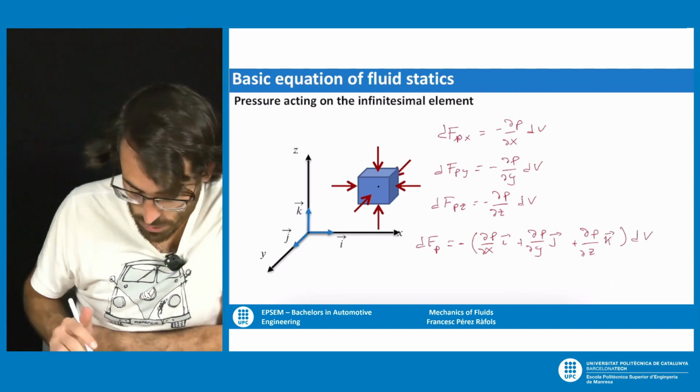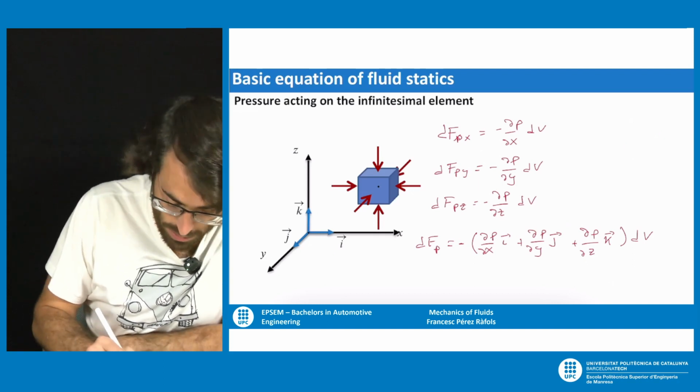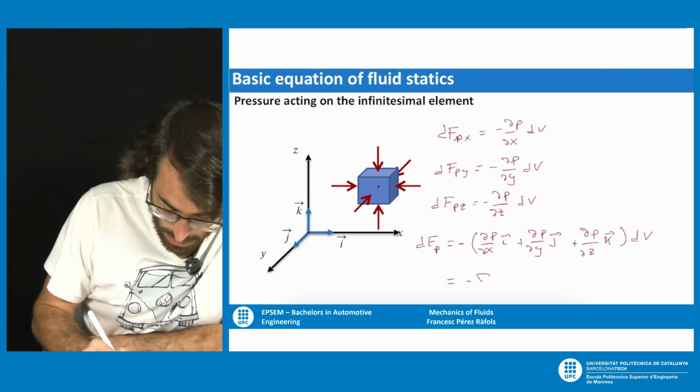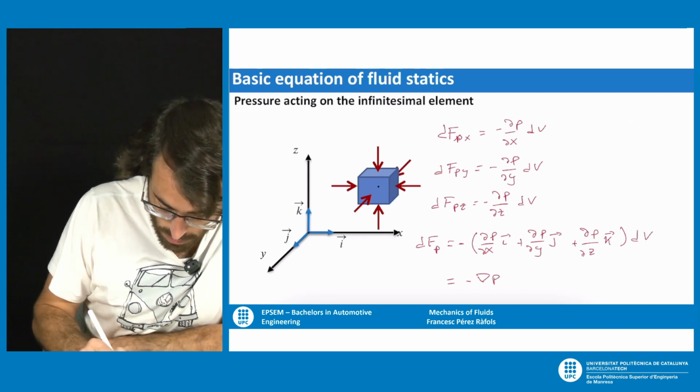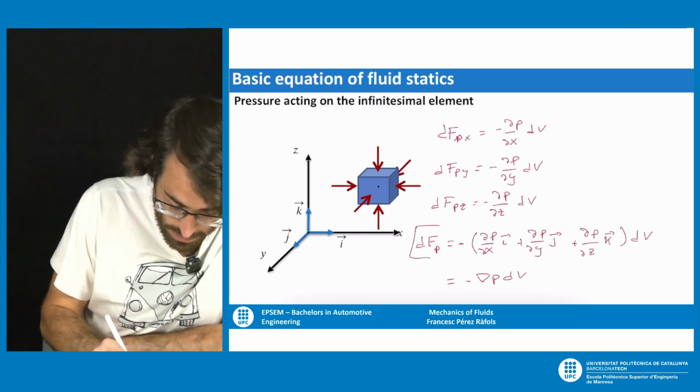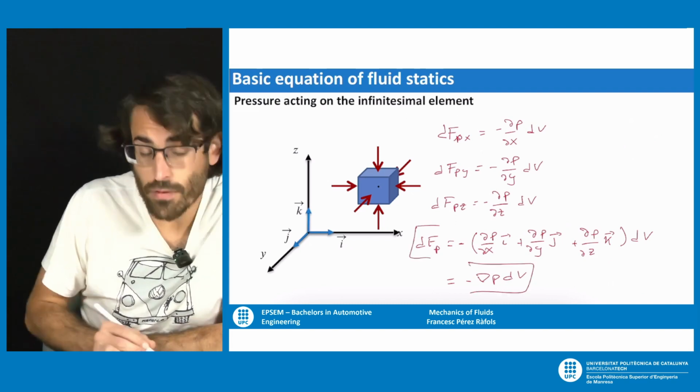This operation is what we call the gradient, and it's quite often written as the Nabla operation, so Nabla P, or the gradient of P, times dV. And with that, we already have the force of pressure.